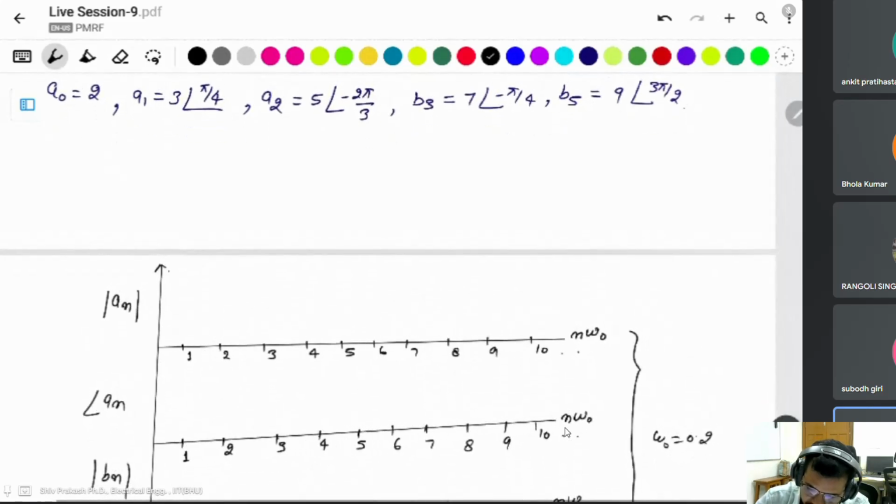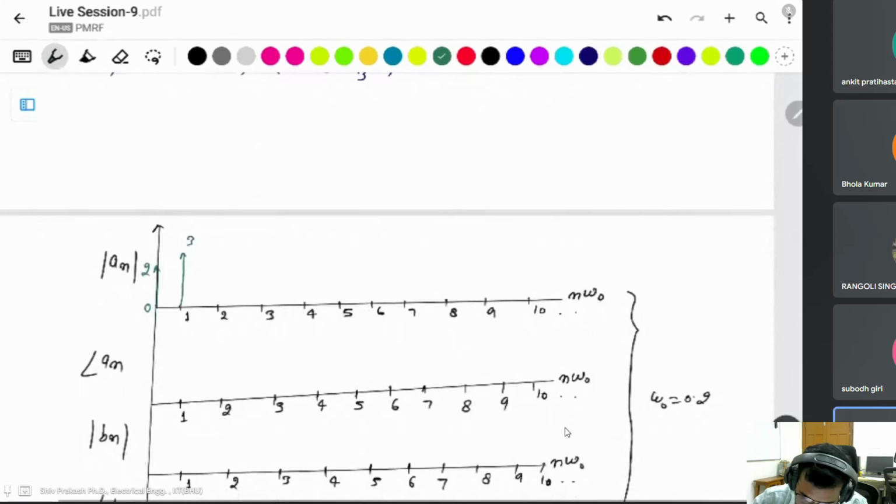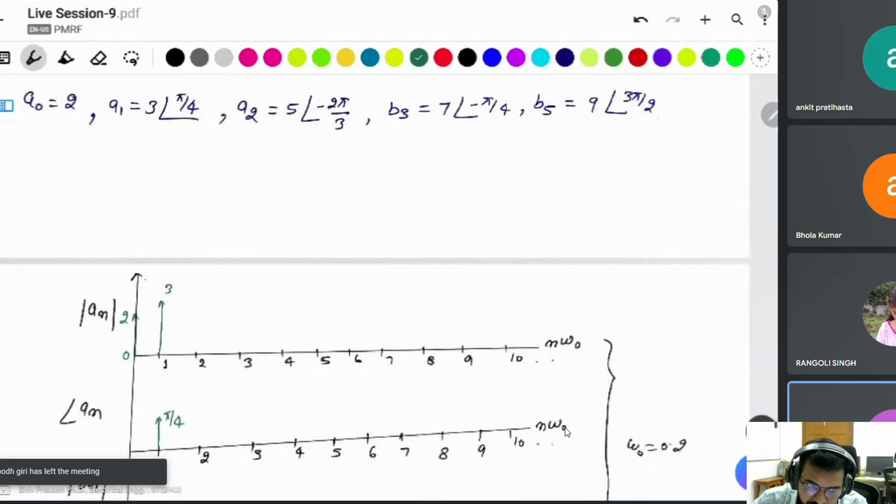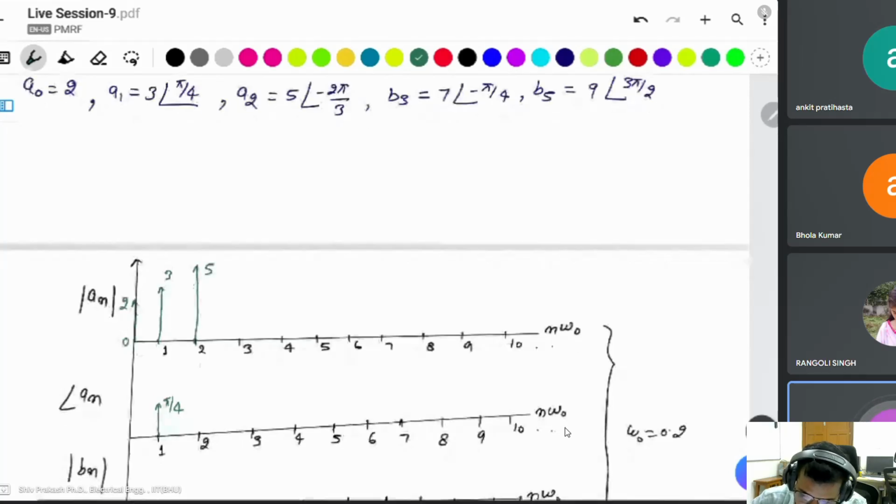First, a naught is given as 2, so magnitude is 2 at 0 frequency. Then a1 has magnitude 3 and angle pi by 4, a positive angle. Next, a2 has magnitude 5 at angle minus 2 pi by 3.